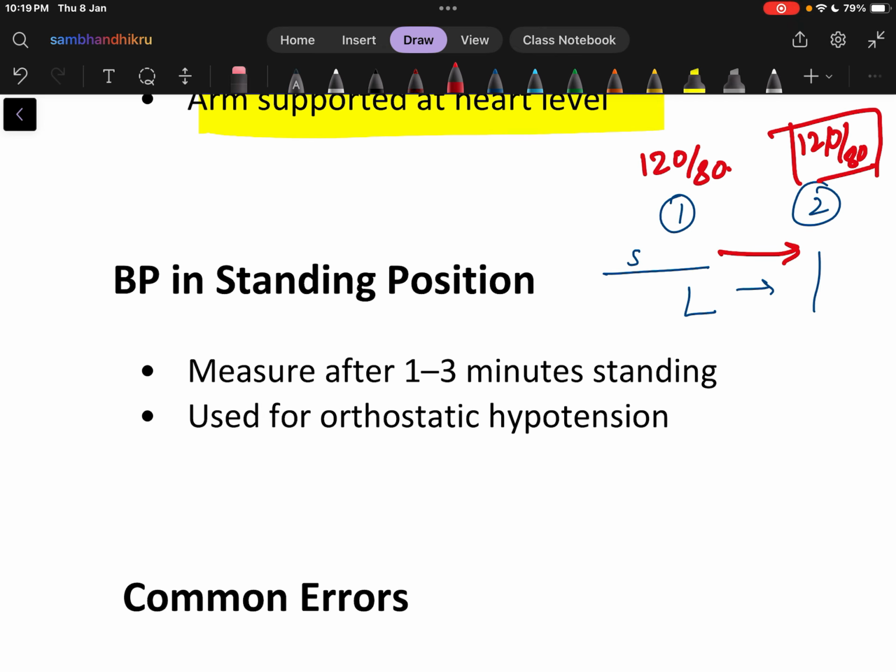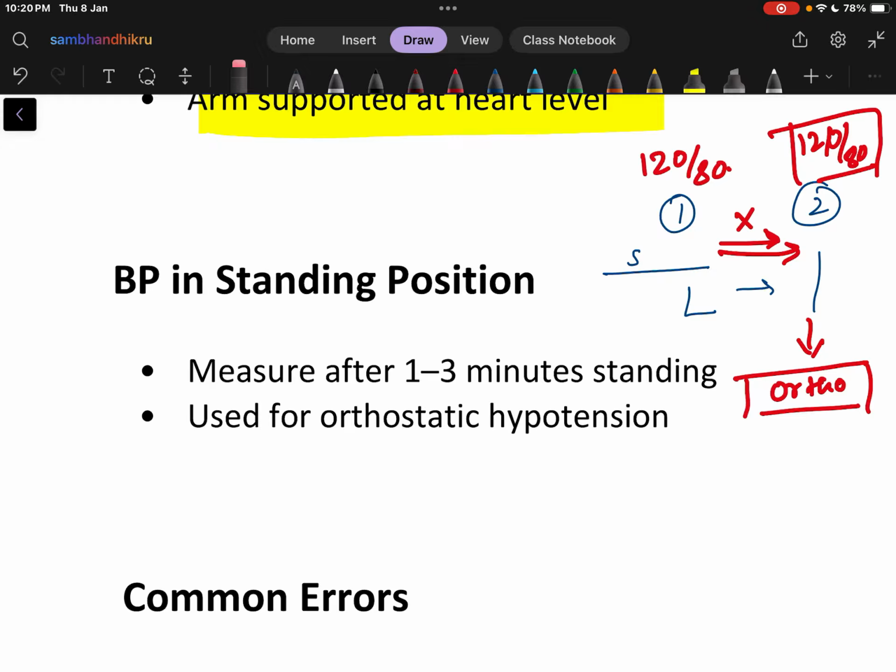you can't consider, based on this, that the patient does not have orthostatic hypotension. Why? Because you measured immediately after the standing. After the standing you immediately assessed, and that's why you said there is no complication or medical abnormality. You declare like that, but it's wrong, it's a wrong method.